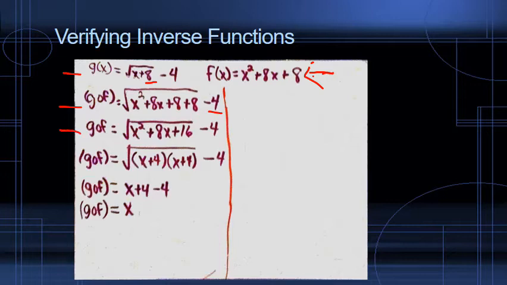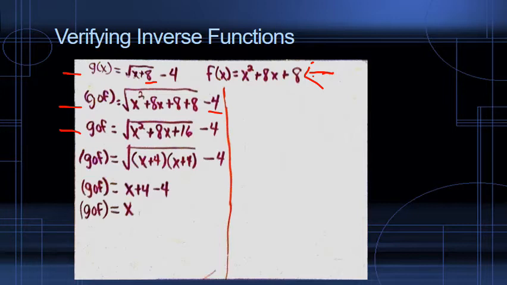And we combine like terms, and we've got the square root of x squared plus 8x plus 16, minus 4. The minus 4 is sitting outside the root. And this x squared plus 8x plus 16 is in fact factorable, which would be x plus 4 times x plus 4. If you FOIL that back, you get x squared plus 4x plus 4x plus 16, x squared plus 8x plus 16.